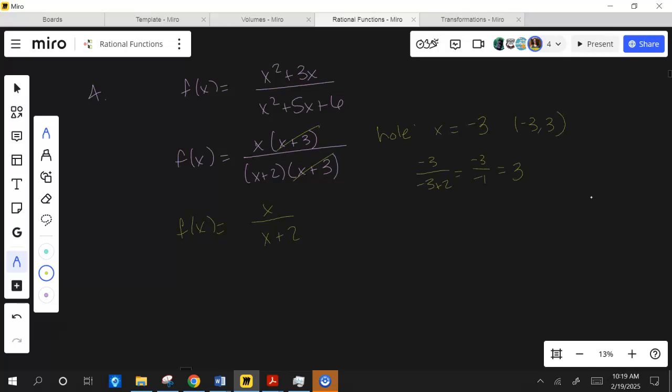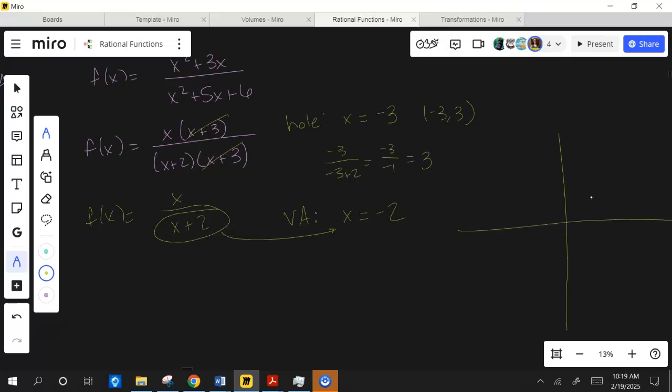Okay, that's my hole. How about vertical asymptote? How do you know? The bottom goes to 0 after I remove my holes. After you remove the holes, I set the bottom equal to 0. And that's how I get -2 for my vertical asymptote.